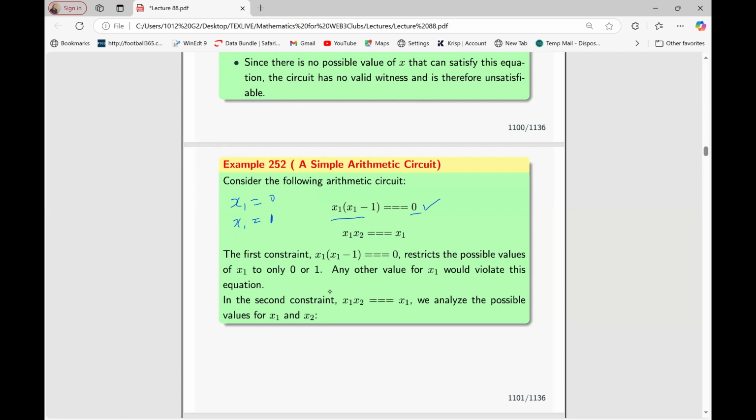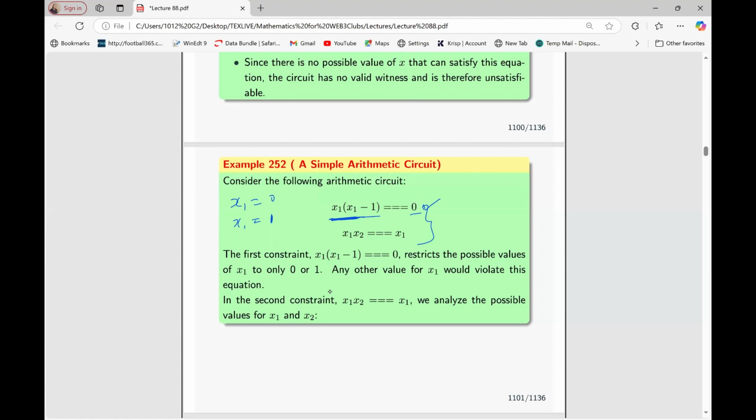But the prover is also supposed to give us x2, because whatever is given is supposed to satisfy these two equations. The prover is also keen. While giving the values of x1, he knows that if he was to give any other value other than 0 and 1, then the first equation would not be satisfied.